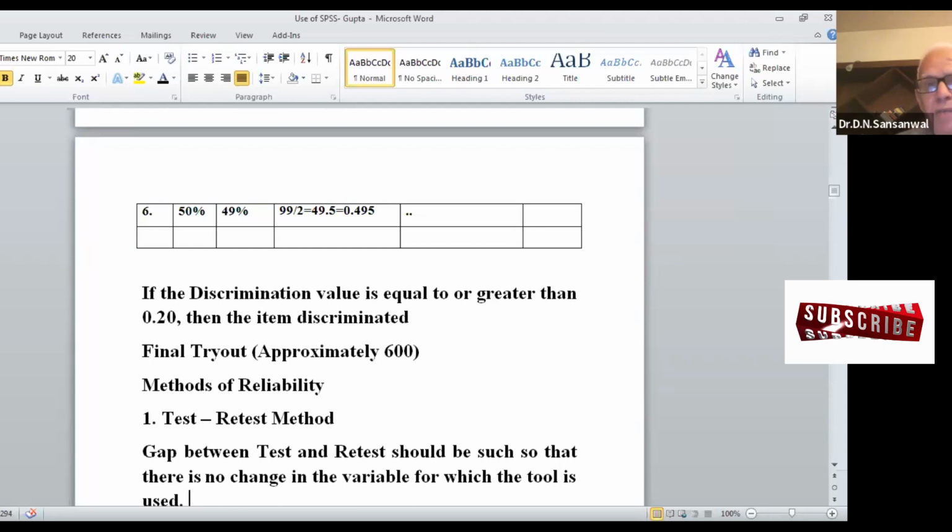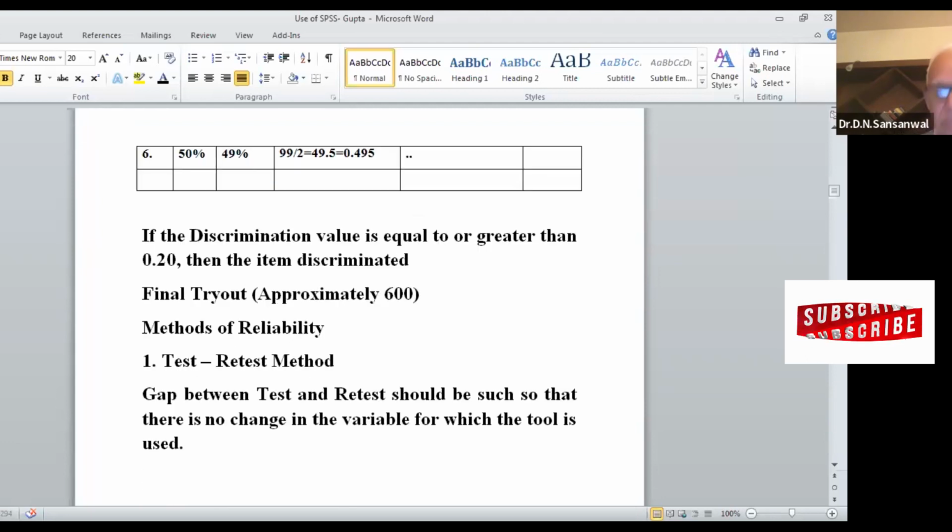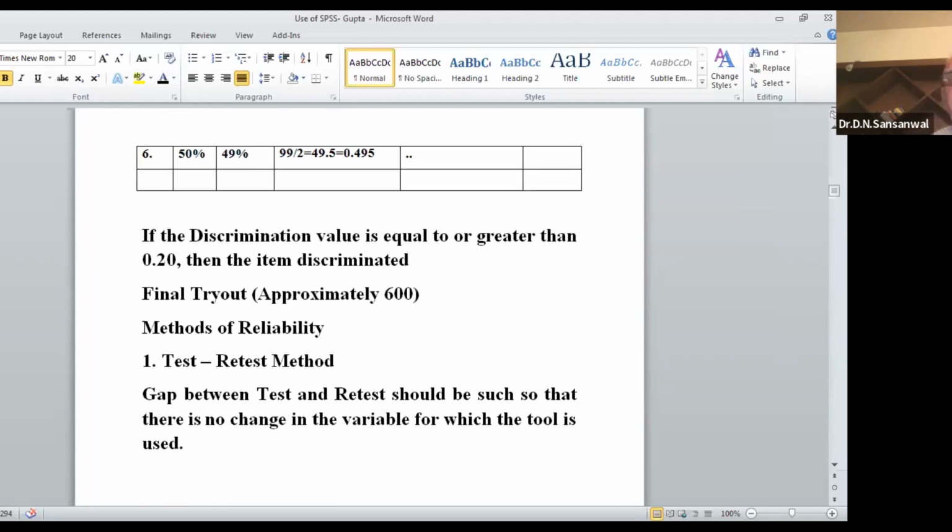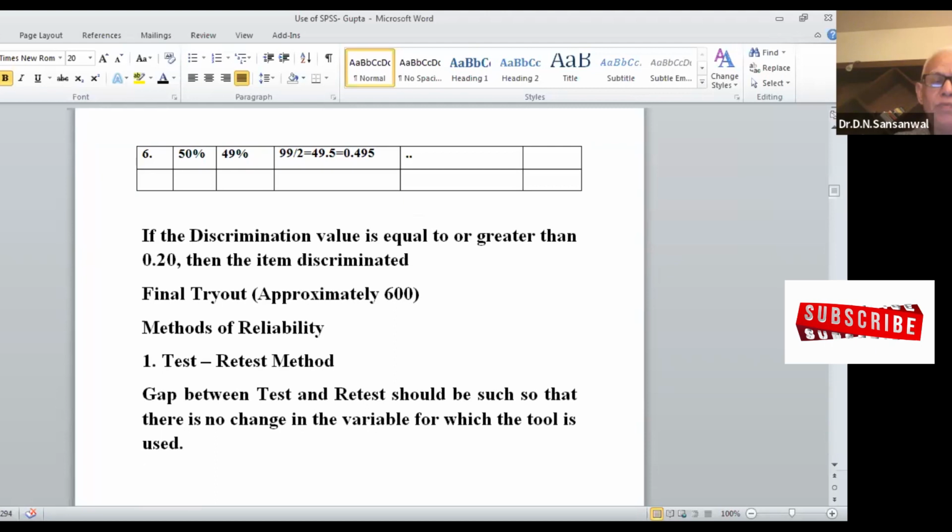For example, if you are developing the tool for reasoning, now you have to decide whether the reasoning can change on its own within 10 days, 15 days, 20 days or so.